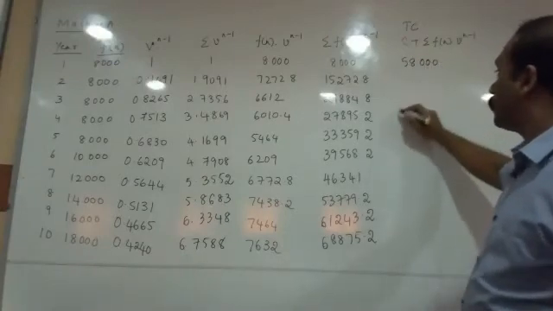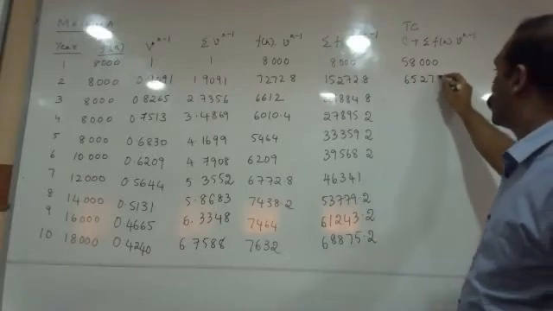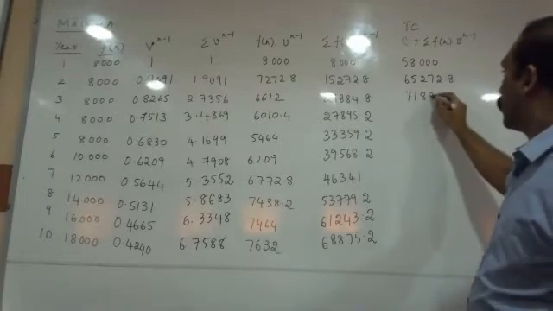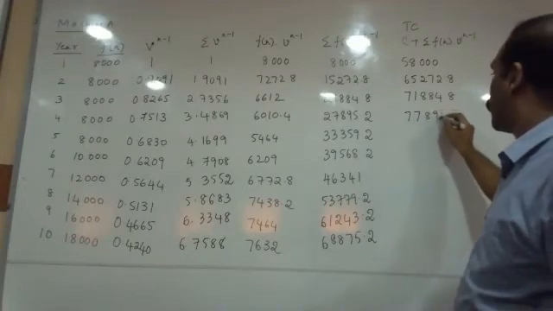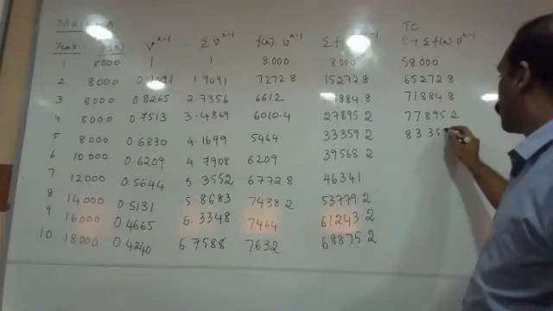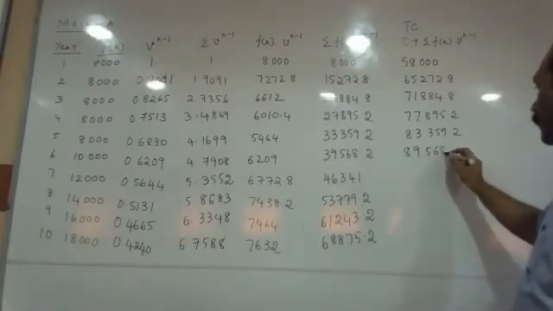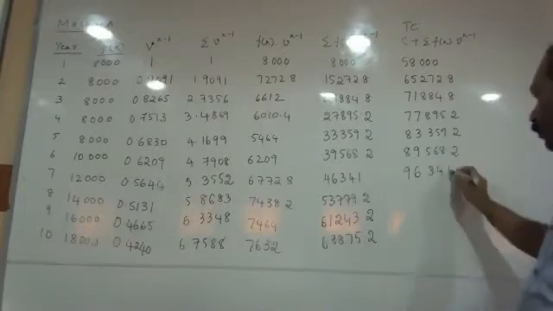Can you please tell me now? The second value becomes 65,272.8. Next it is 71,884.8. Next is 77,895.2. Next it is 83,359.2. Next it is 89,568.2. Next it is 96,341.